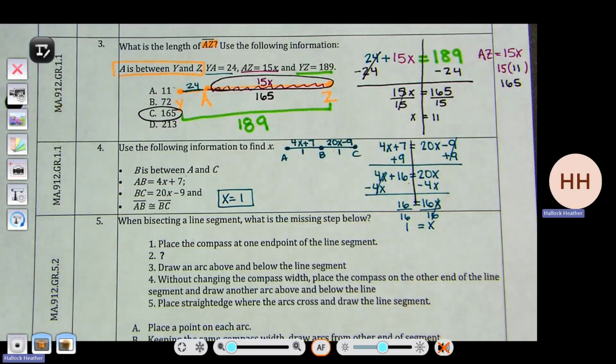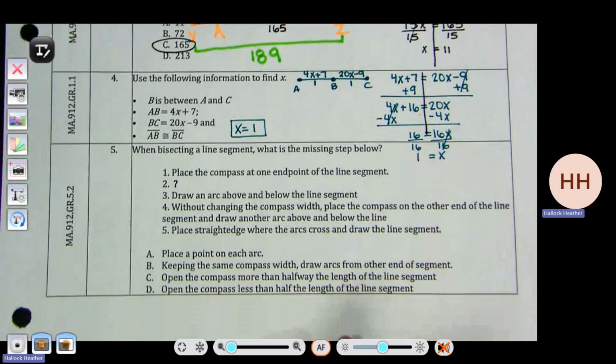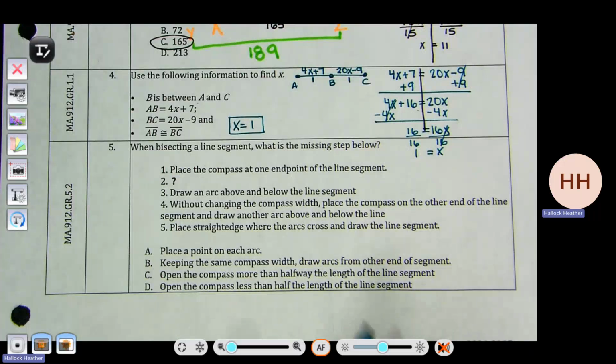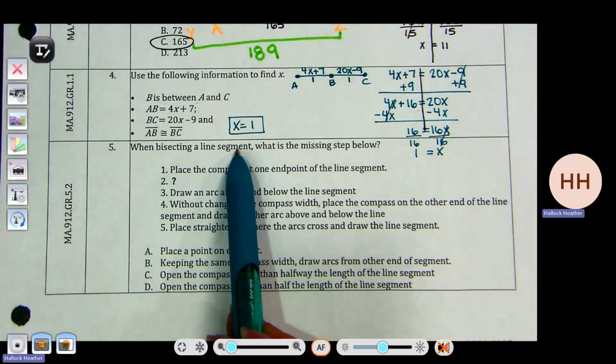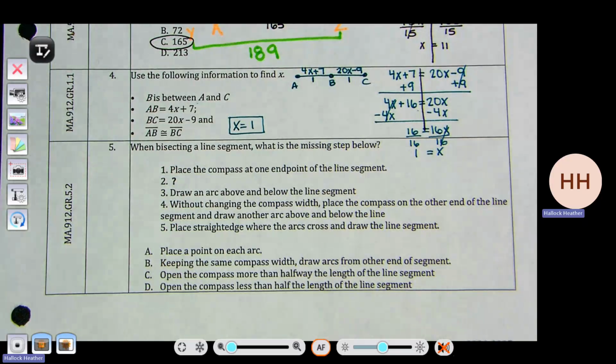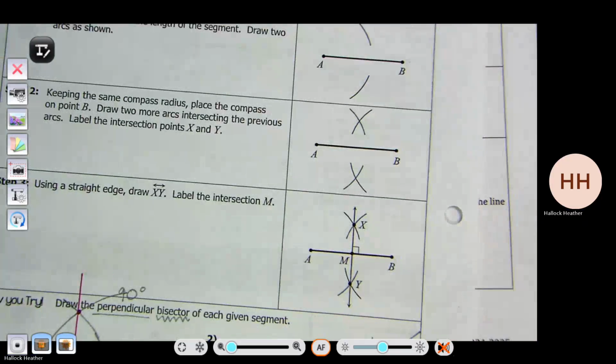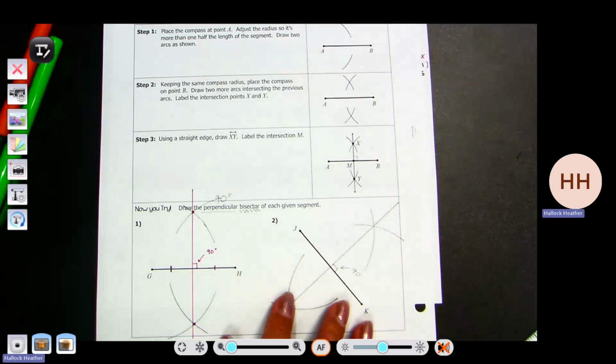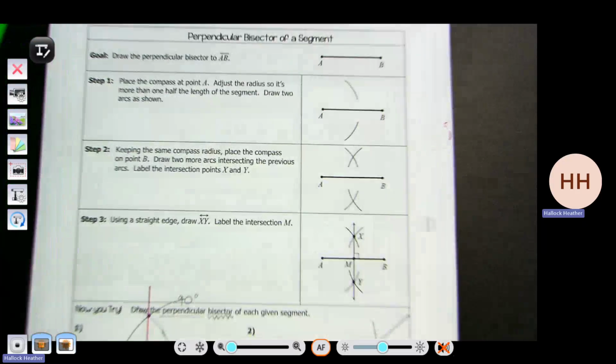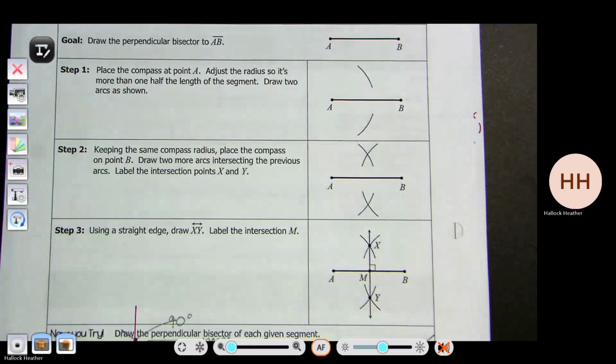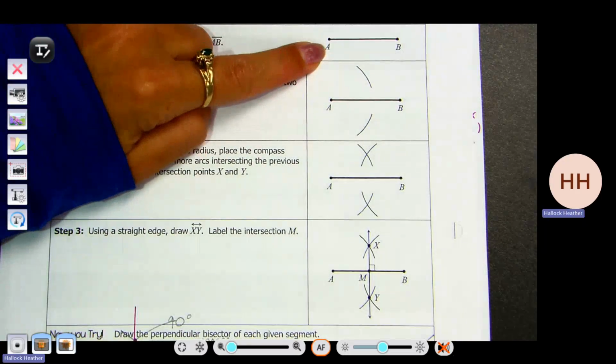For number 5, this is really ugly. We need to figure out the missing step to bisect a line segment. When we're bisecting a line segment, that's what we did today. It looks like this. These are your steps right here. Basically, we start with a line segment.